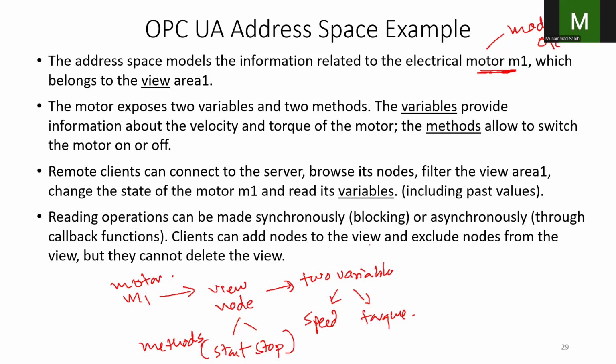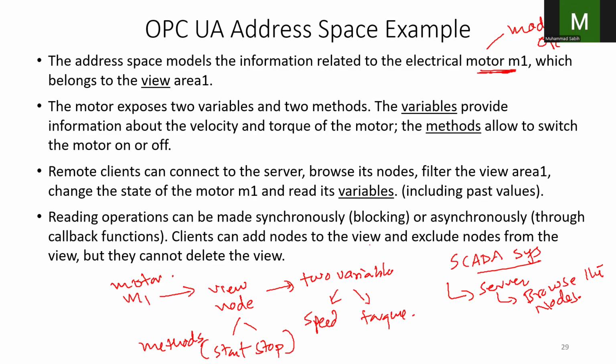The variables provide live or historic data, like how fast the motor is running or how much torque it's producing. The methods represent the executable commands to turn the motor on and off. Now, remote clients such as a SCADA system can connect to the server, and through the server it can browse the nodes.